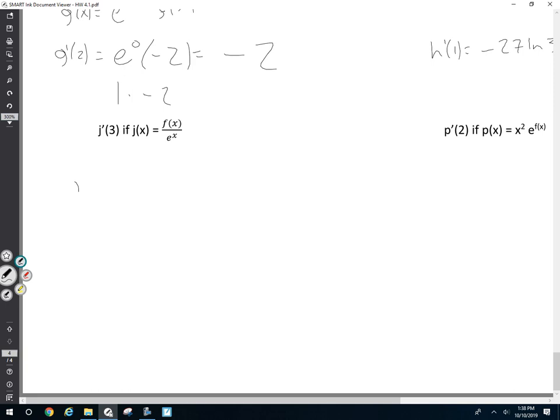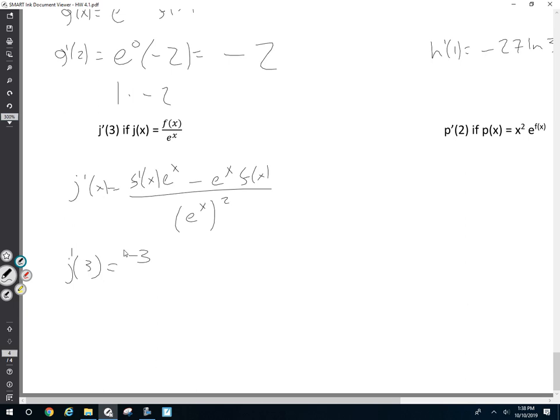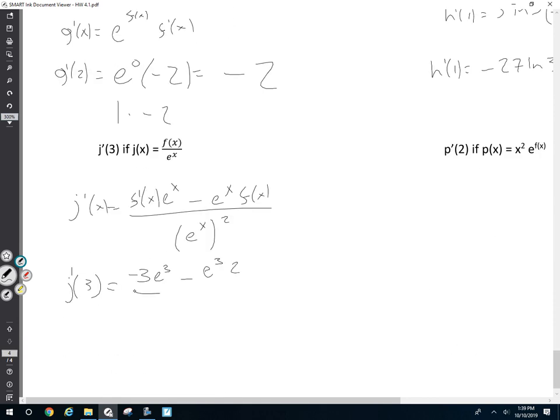Quotient rule. Derivative of the top times the bottom minus derivative of the bottom times the top, all over the bottom squared. Plug in 3. f prime of 3, negative 3, e to the negative, e cubed, minus e cubed f of 3, 2, over e cubed squared.